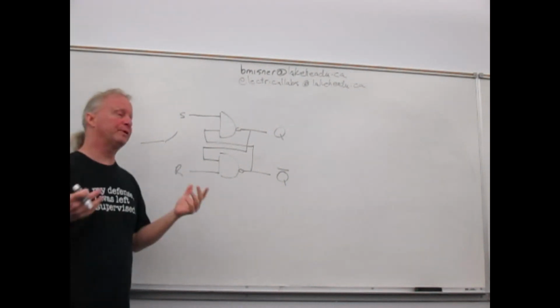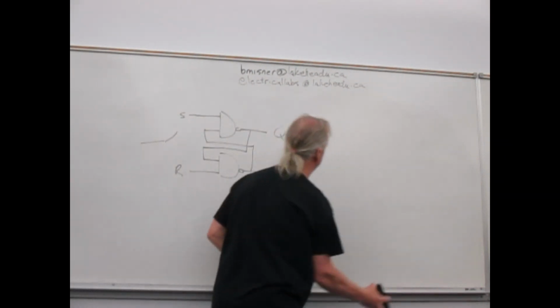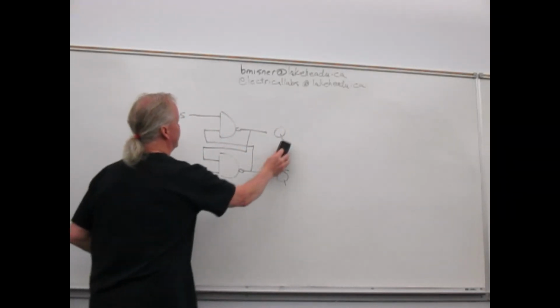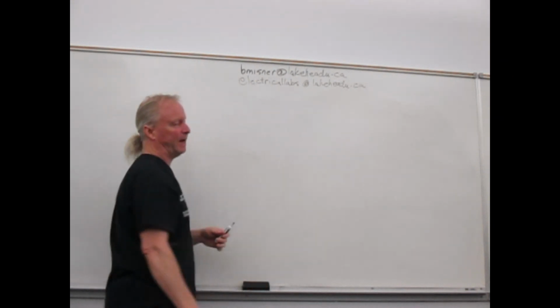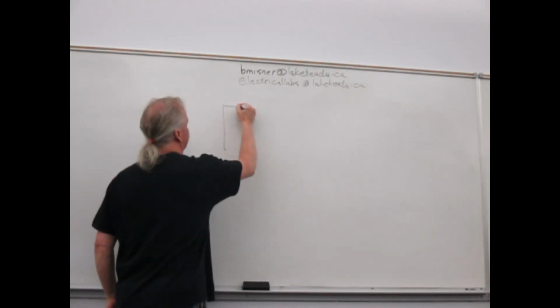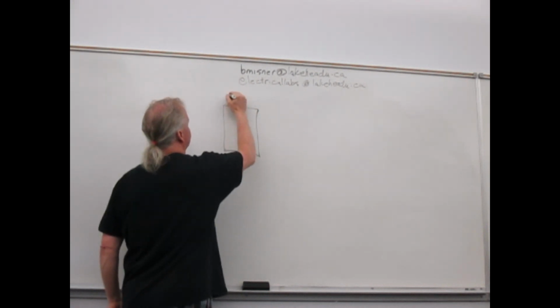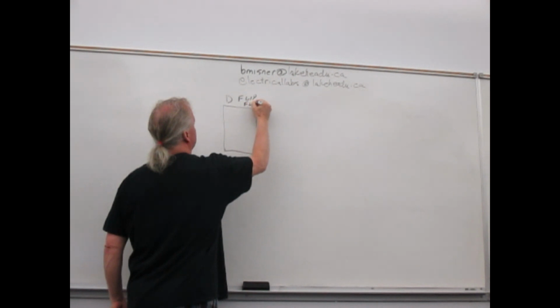But then we go on and we look at the next flip-flop. And it's a little more useful, and you'll find it in a lot of different places, right? And from now on, we typically will draw it as just a block, right? So this is our D flip-flop.